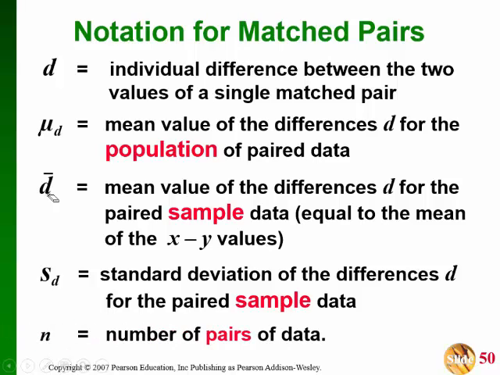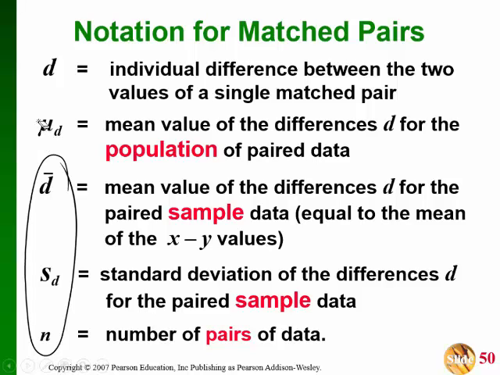And then the N, it doesn't make sense for N sub D because the N from one sample and the N from the other sample is the same, so let's just call it N. So we will be finding values for D bar, S sub D, and N.